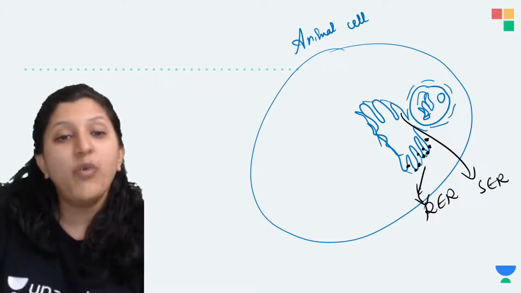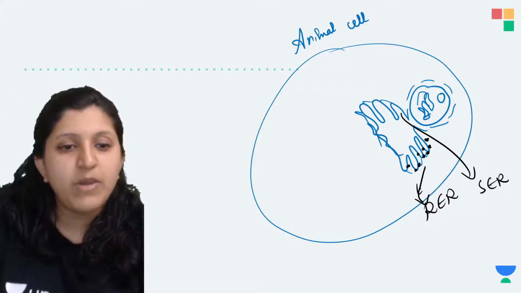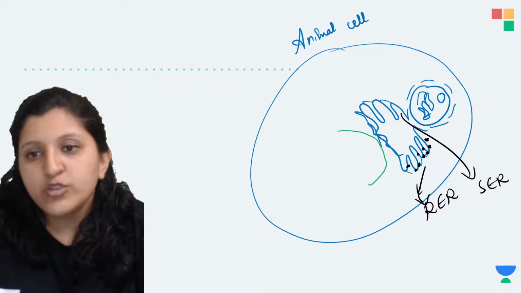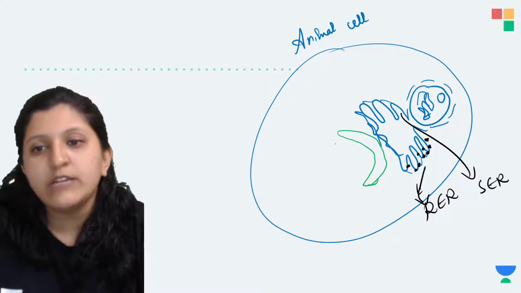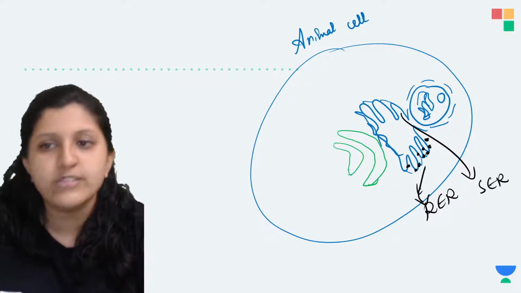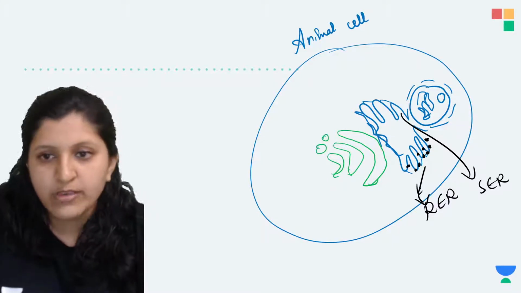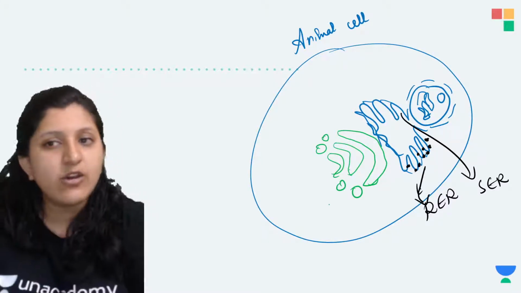Now what exactly is a Golgi body? A membrane that is there and is getting separated. The structure you see here is a Golgi body. This is a folded membrane having its own membranous flags.